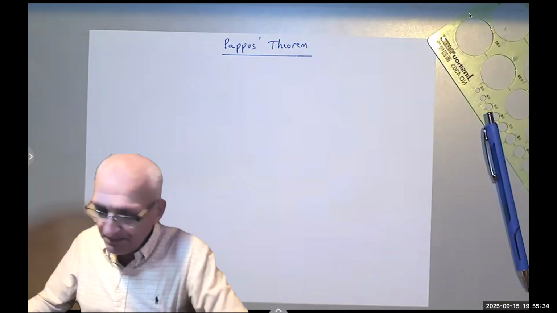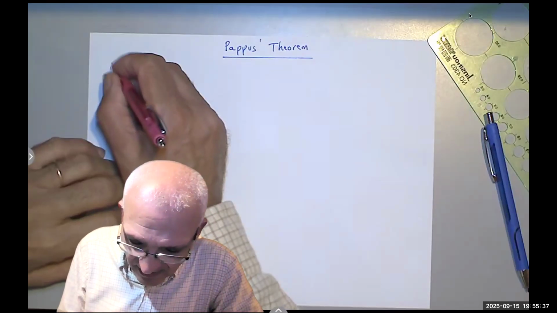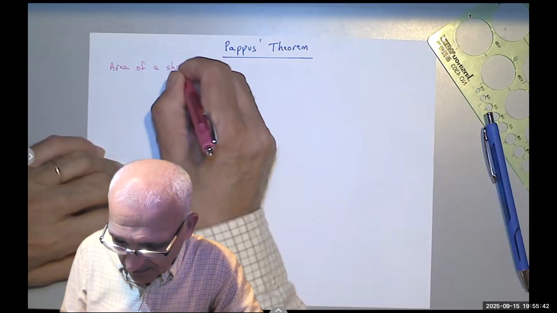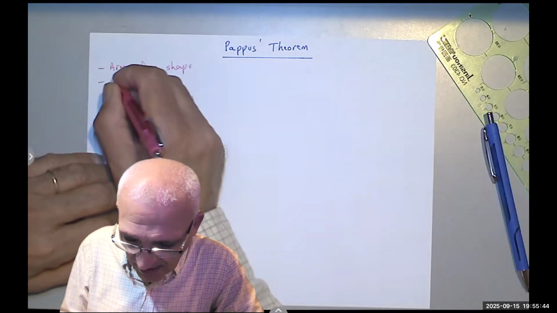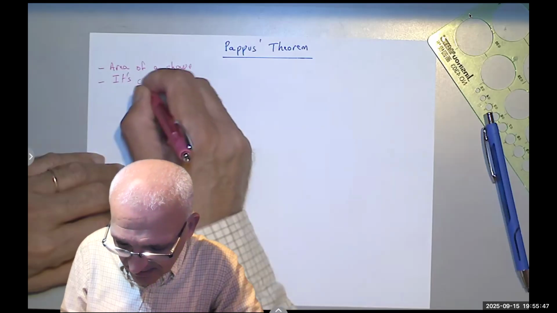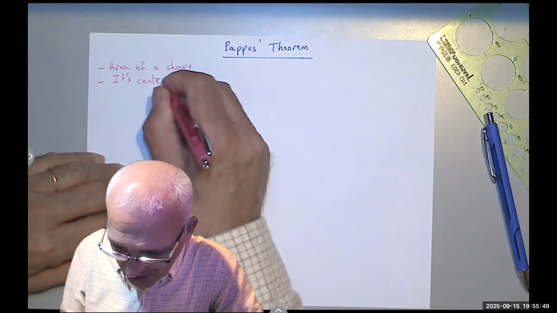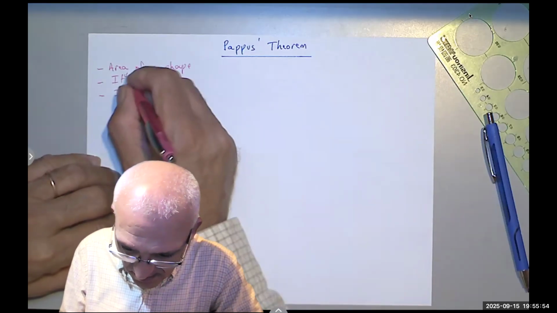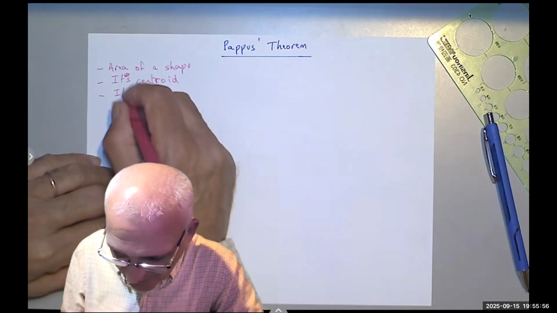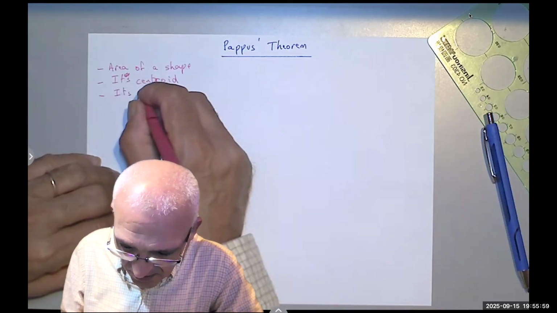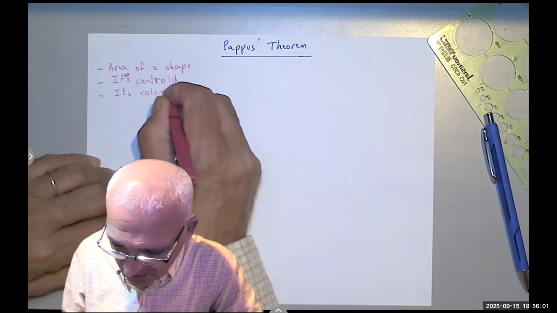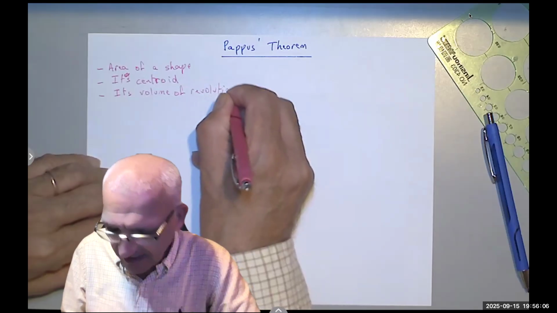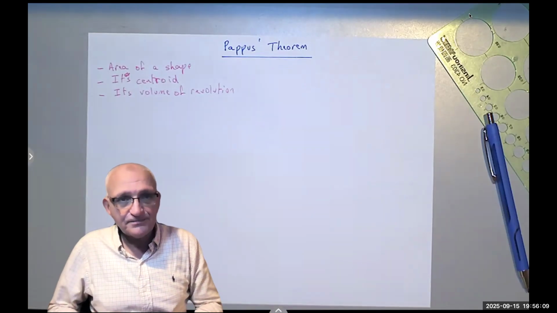Well, the 3 pieces are the area of a shape, its center or its centroid or center of area, and its volume of revolution. What does that mean? If you give me any 2 of these, I can find the third.